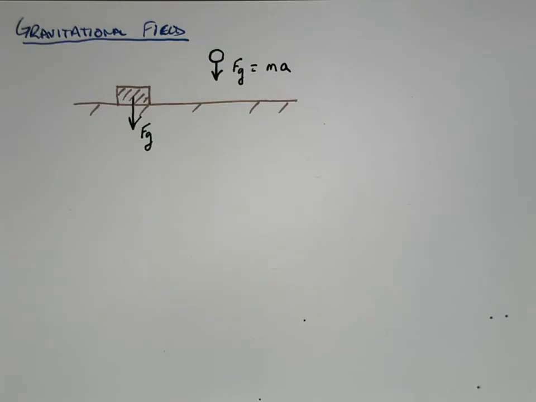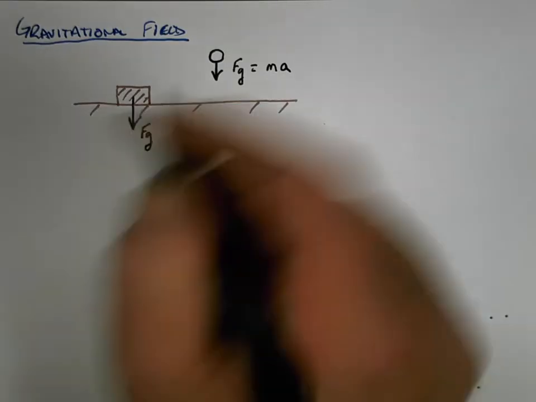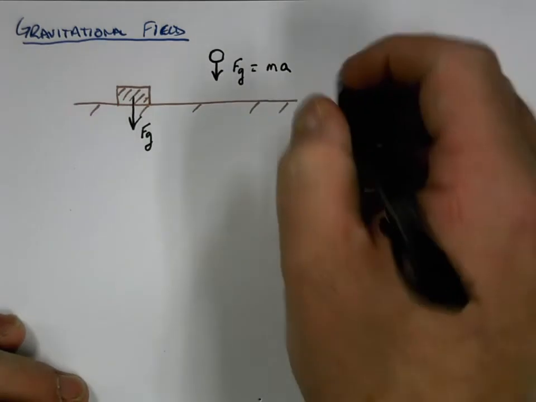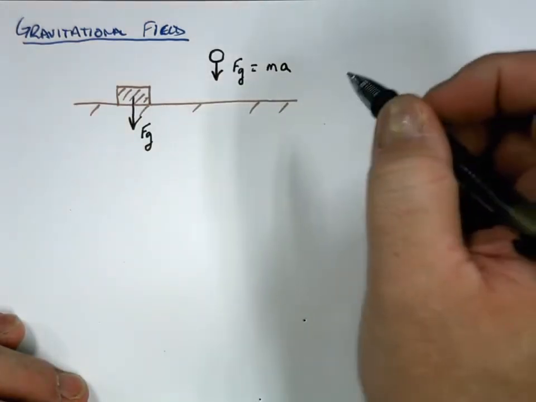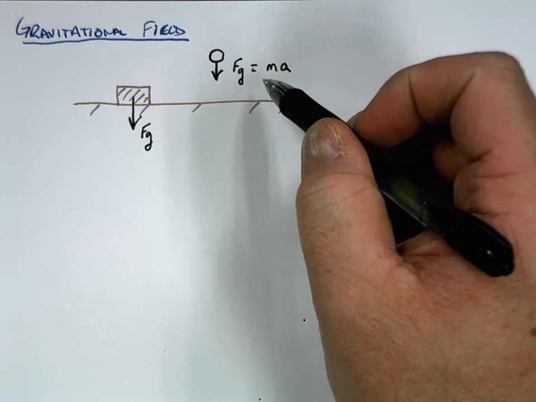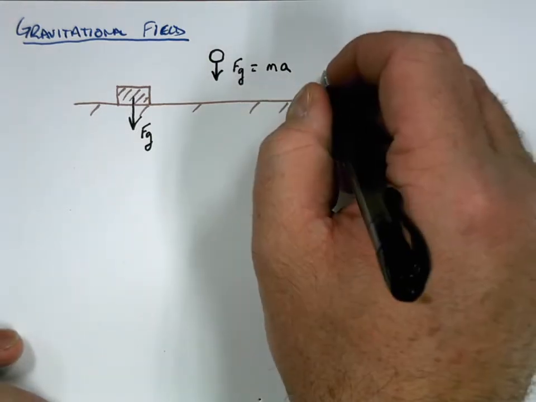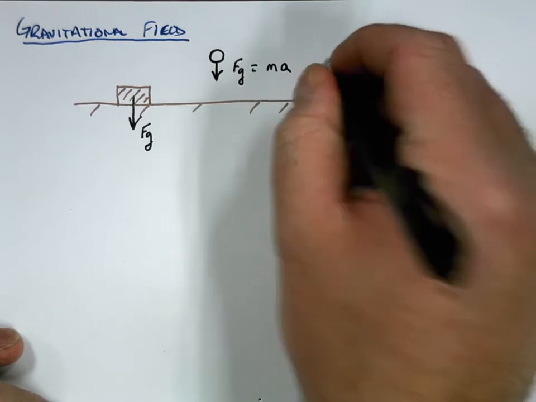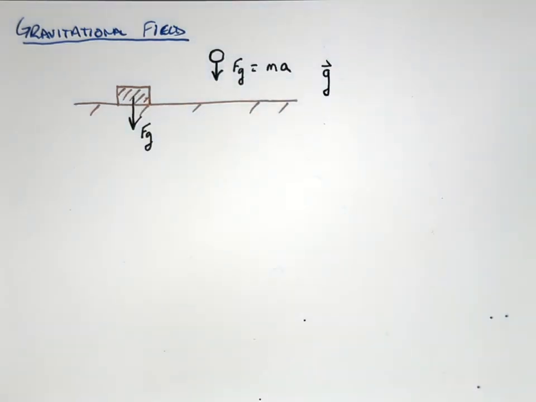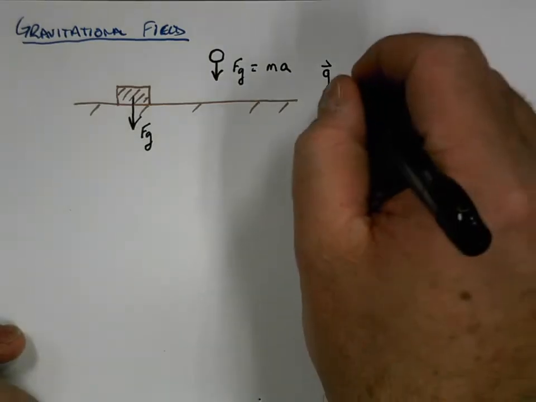Well, there's another way of looking at this, and we can determine what this acceleration is. We've come to call this acceleration the acceleration under the influence of gravity. Near the surface of the Earth we call it g, with the vector pointing towards the center of the Earth.